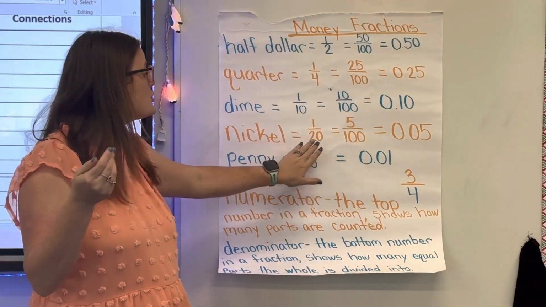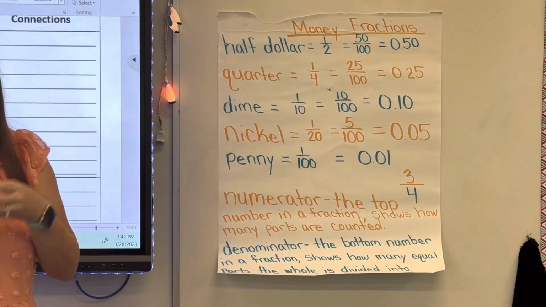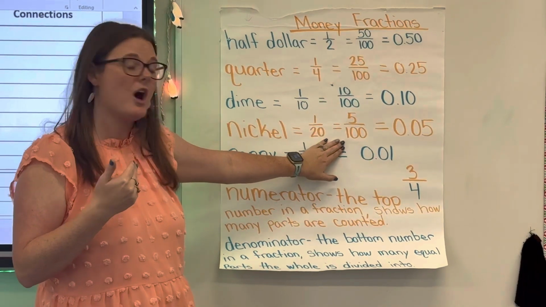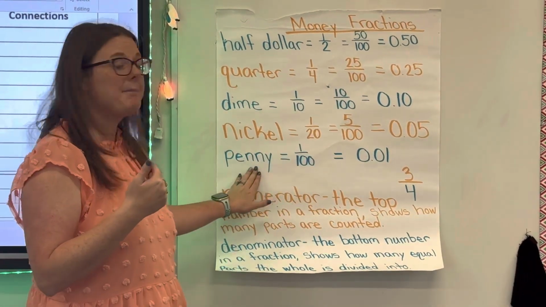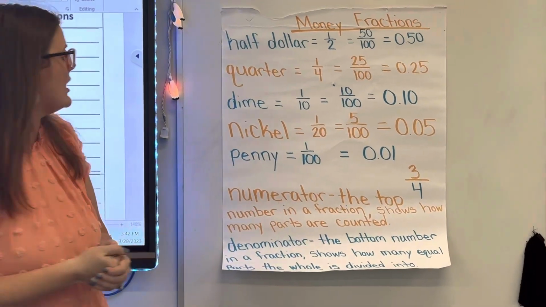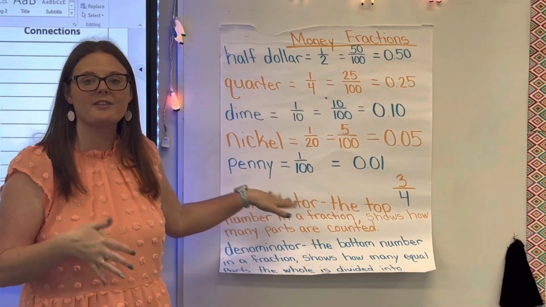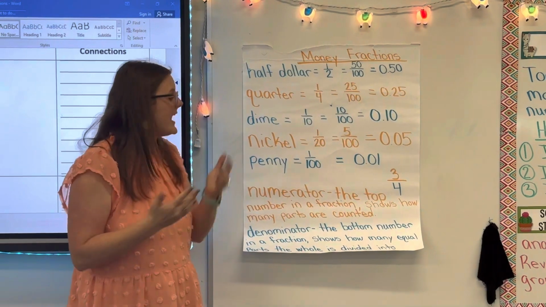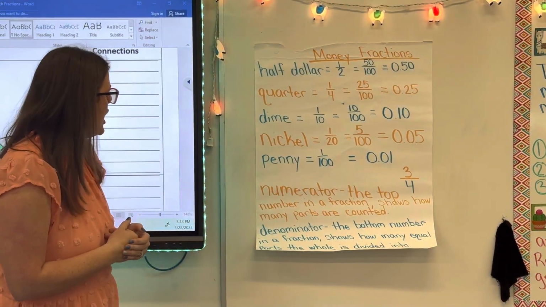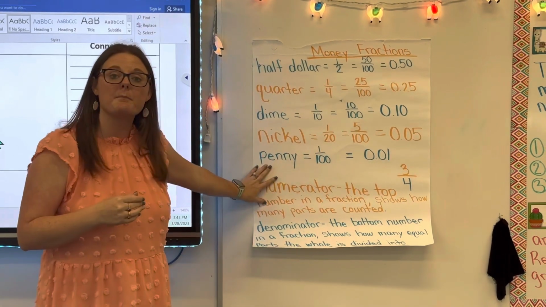It takes 20 of those to make $1. So 1/20th is equivalent to 5 hundredths. A penny, if we have one penny, we need 100 of those to make $1. So 1/100th, that's not equivalent to anything else. That's just 1/100th. That's all we have. So this is our money fractions.